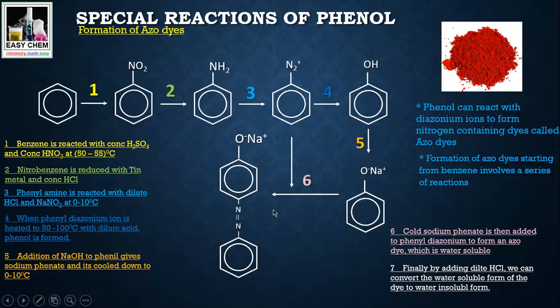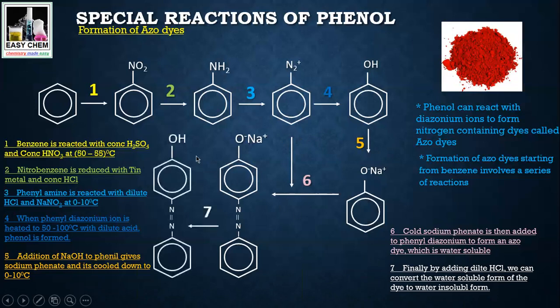If you want to make it water insoluble, how do you get rid of this sodium plus? Because we are adding sodium hydroxide in this step 5. So how are we going to remove this sodium ion? We can add HCl. When you add dilute HCl, you can see the sodium plus goes out and that part has gone to an OH group.